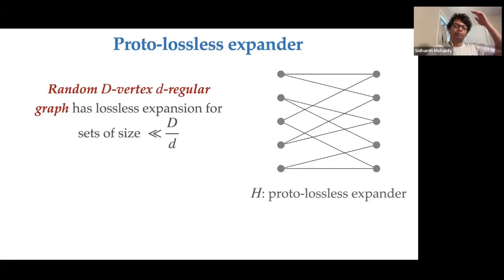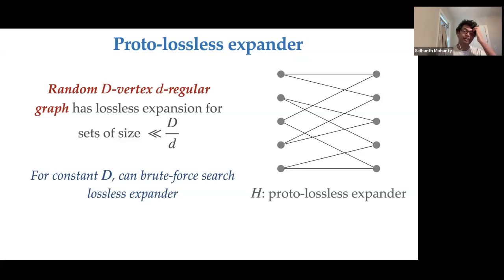And in fact, you can't hope to do much better than that because any set's neighborhood will at most cover the graph, which has capital D vertices. So you're bottlenecked at capital D over little d. And in this context, you should think of capital D as also being a constant. So it is actually possible for you to perform a brute force search to find this lossless expander.